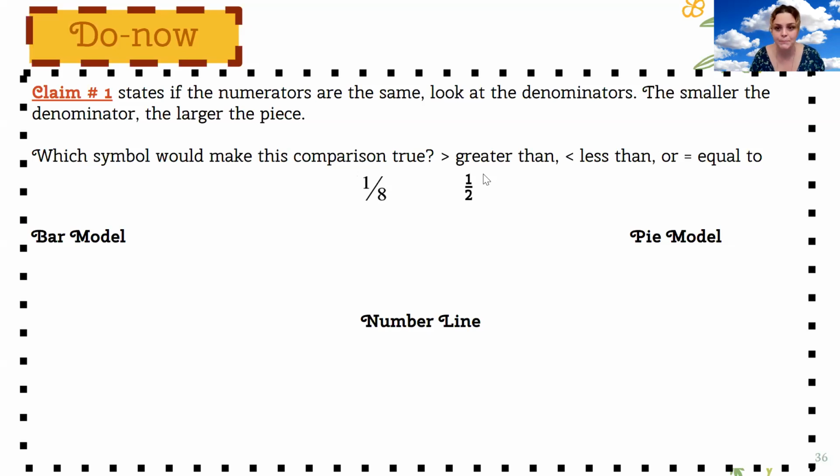Okay, so they're the same. Now I'm gonna look at the denominator. For this one, I have an 8 as a denominator and a 2 as the denominator. The smaller the denominator, the larger the piece. So if this is the smaller denominator, that means the piece that I get would be greater, or would be larger.